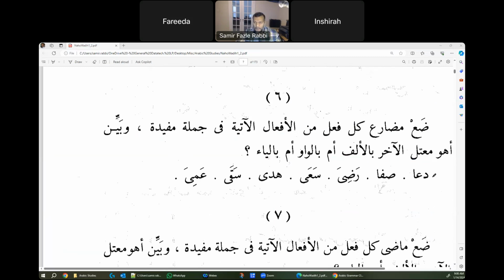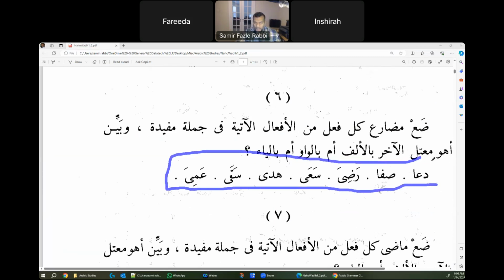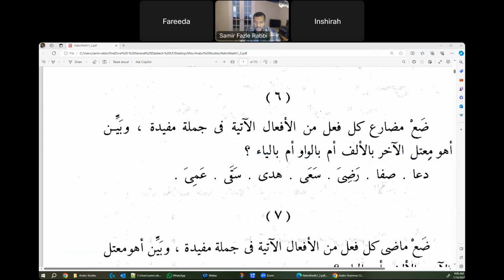So here it wants us to make mudari for these verbs, and then it wants us to say whether the last letter is mu'tal, like broken or deficient, whatever we want to use there. The word is mu'tal, with the alif, waw, or ya.